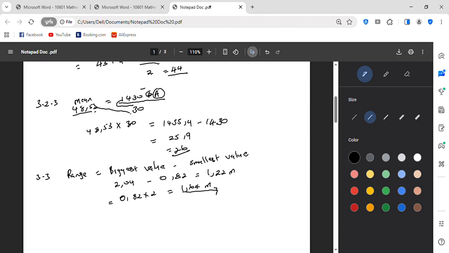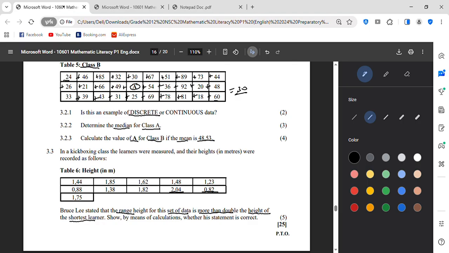The range is 1.22, and the double height of the shortest learner is 1.64. So his statement is what? Is incorrect. Alright, so the statement is incorrect.